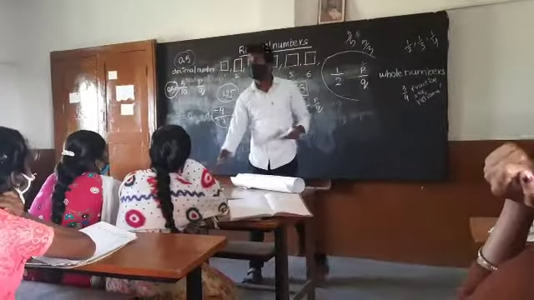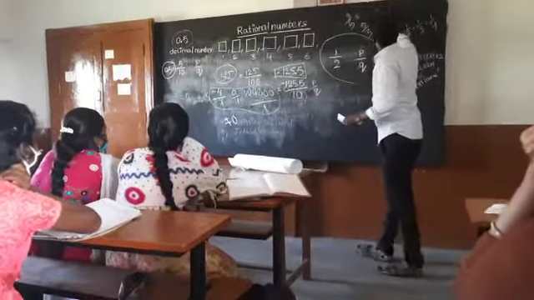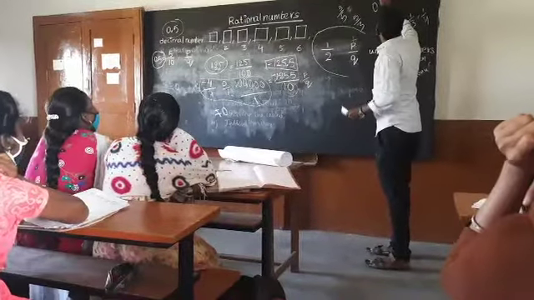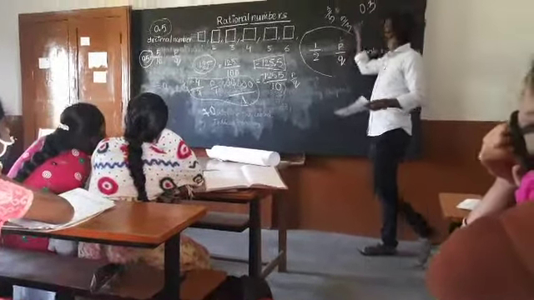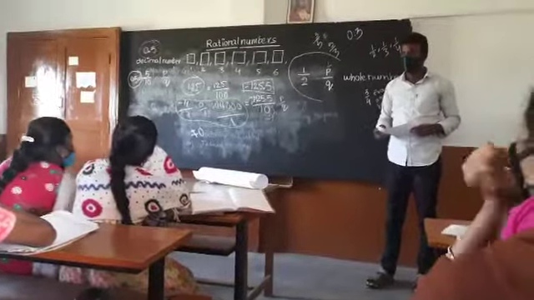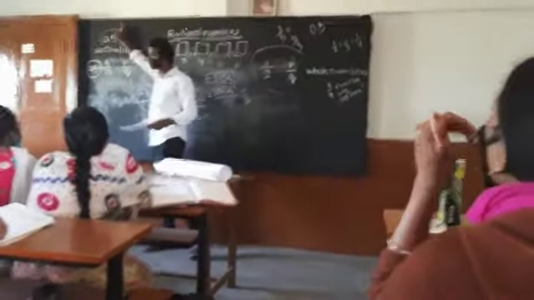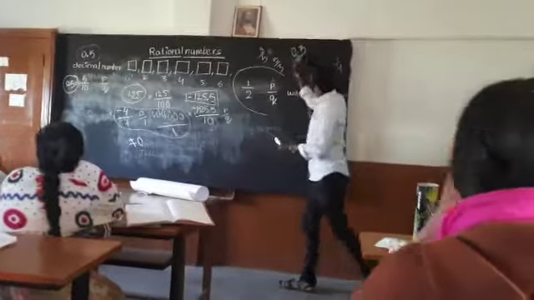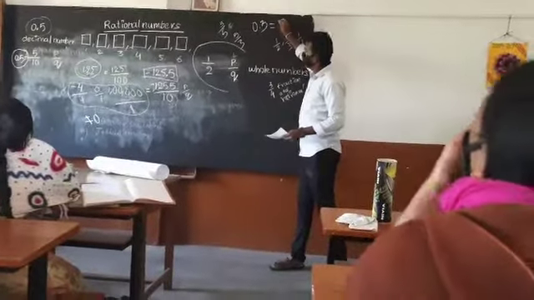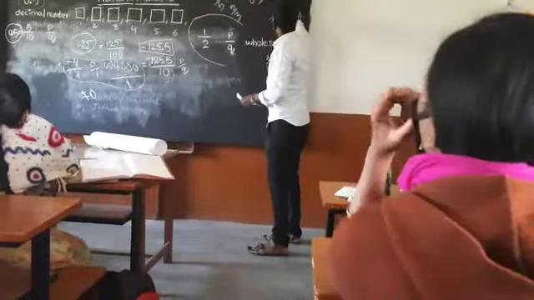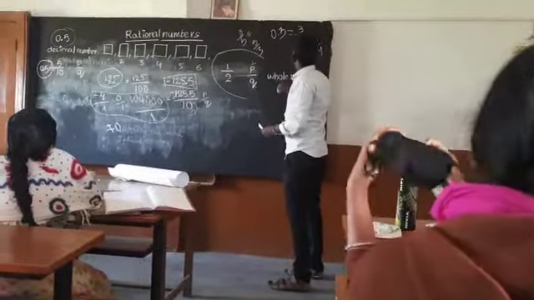Next question is: justify 0.3 as a rational number. It's easy, just like we have discussed at the earlier stage of the class. 0.3 is nothing but 3 by 10. Yes, very good. 3 by 10.